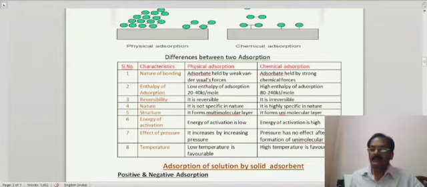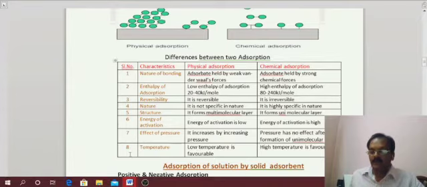That's because more and more layers are expected to form on the surface of the solid. Whereas in chemical adsorption, once the unimolecular thick layer forms on the surface, whatever the pressure increase, there is no further adsorption of molecules on the surface of the adsorbent. Therefore, it is only unimolecular, whereas multimolecular, or more than one layer, can be expected for physical adsorption.